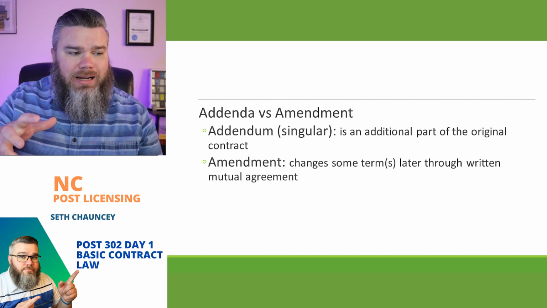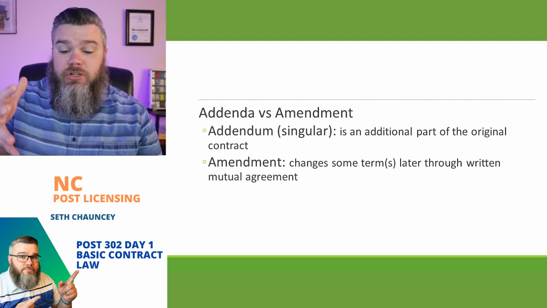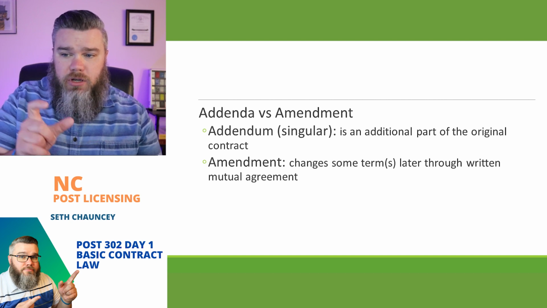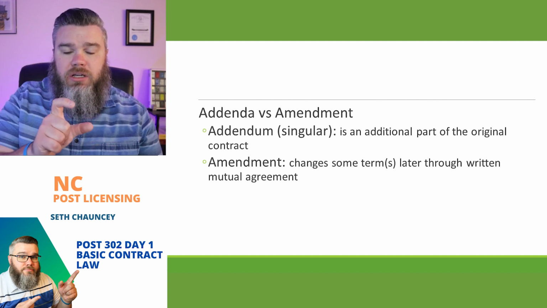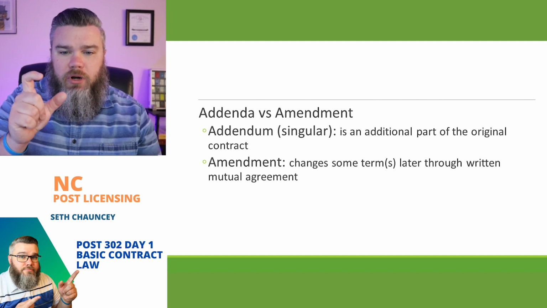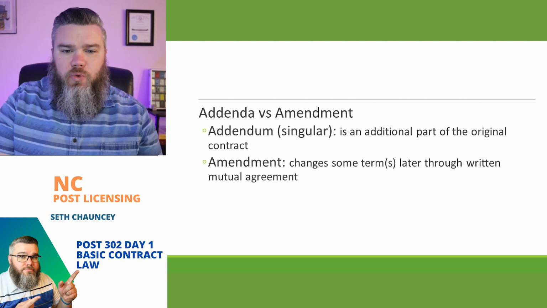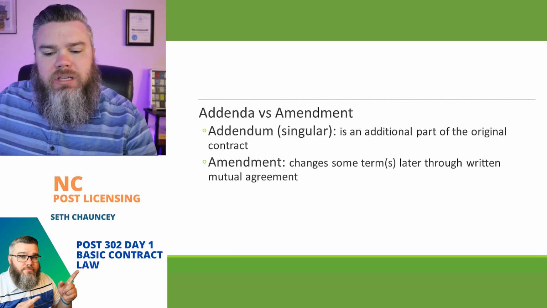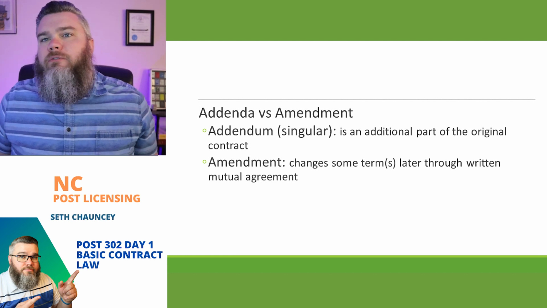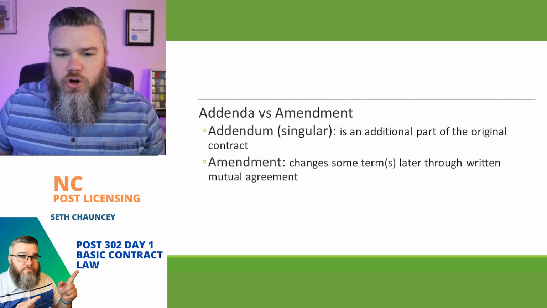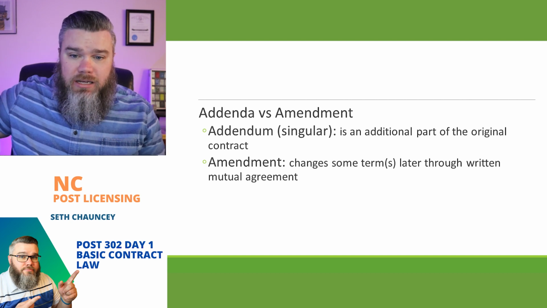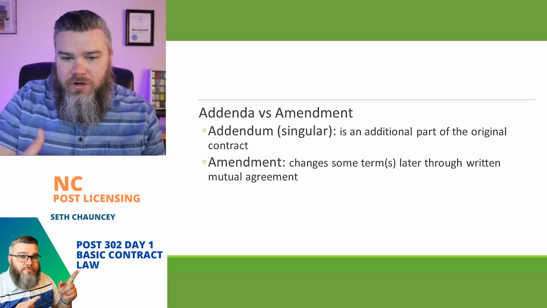In North Carolina, an addendum, the plural of which, as I just said, is addenda, is, as the first three letters suggest, an add-on to an offer that will become part of the initial contract. So we have these standardized forms that sometimes don't outline absolutely everything we need them to, and so you would add an addendum to cover more details.